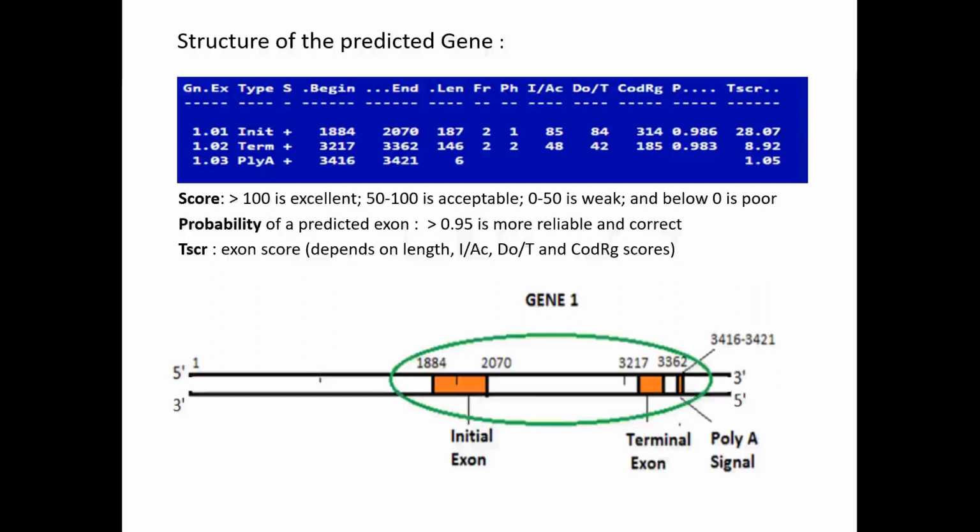Suppose an internal exon is seen between a terminal exon and a poly A signal; you call it a suboptimal exon because it is not in the order of the gene structure. These conditions occur due to situations like overlapping genes, alternative splicing issues, and many other things like that.